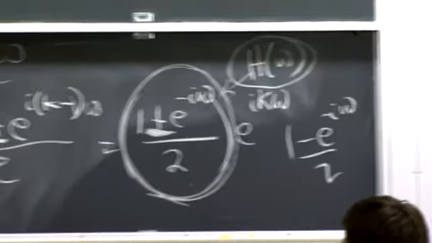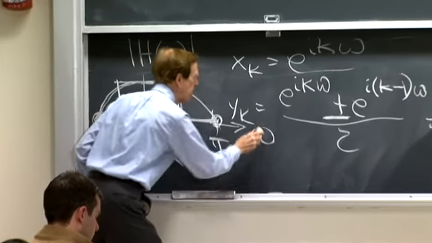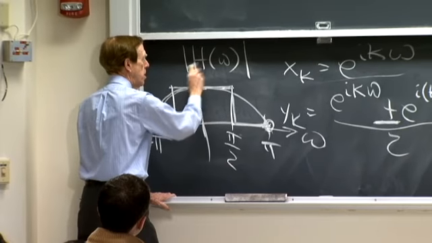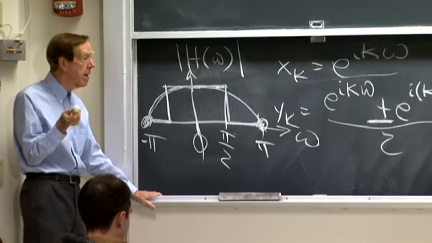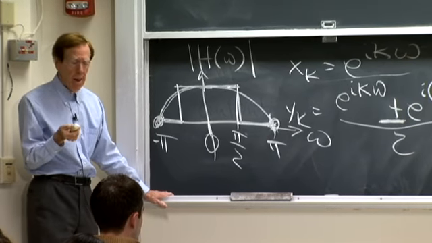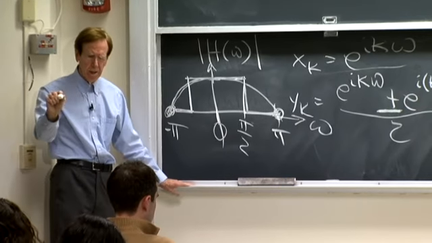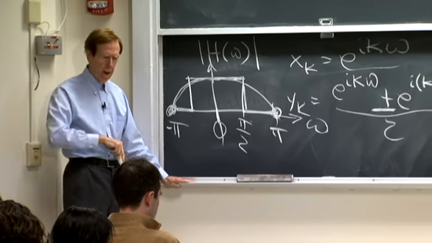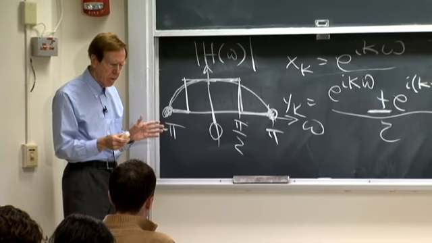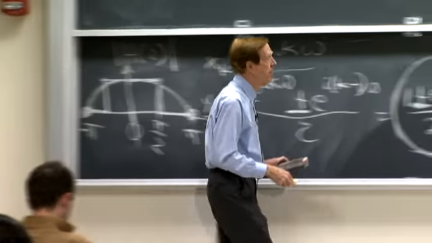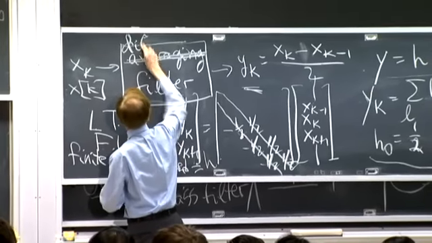Omega is in this direction, and h is in this direction. So at omega equals 0, what's my high-pass output? When I send in zero frequency, a constant, what output do I get? Zeros. Because now I'll call it a differencing filter. Instead of averaging, I'm differencing.